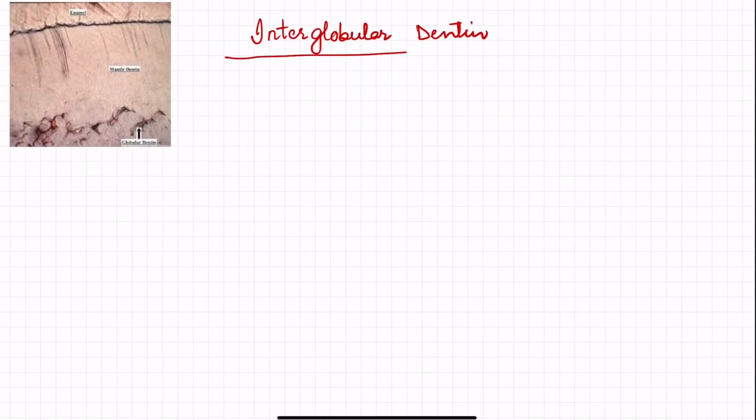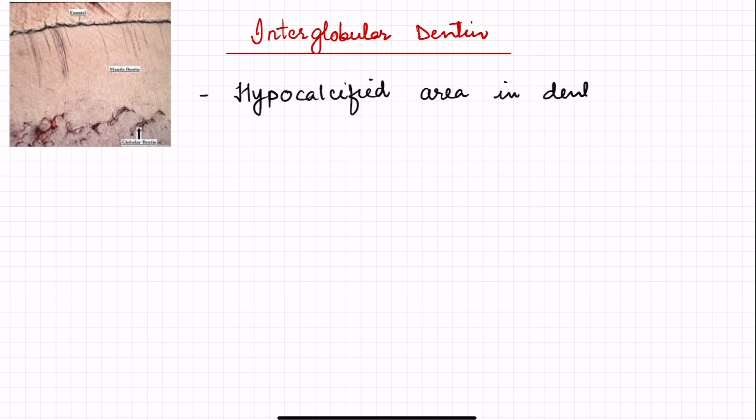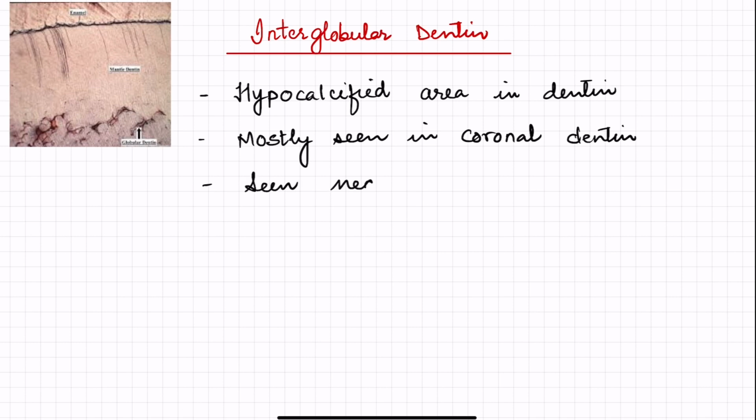Interglobular dentin. It is also a hypocalcified area of the dentin. When asked in exams, you should write that it is mostly seen in coronal dentin. So predominantly this interglobular dentin is seen in the coronal dentin. To be exact in location, it is seen near the dentino-enamel junction.